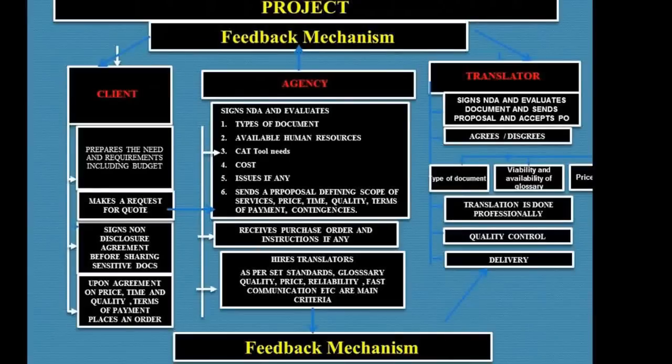But if the translator starts playing smart, the agency runs into trouble, the client runs into trouble, and the conflict starts. Similarly, if the client starts becoming smart with the agency, the project relationship between client and agency goes haywire, and losses follow.